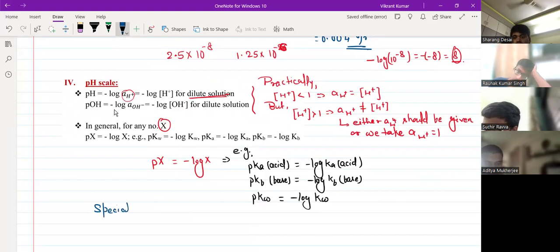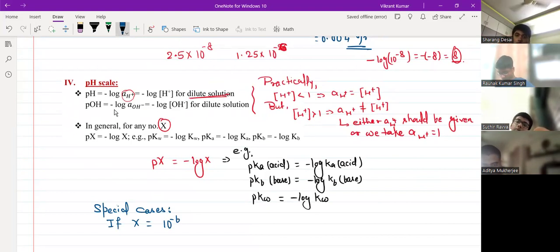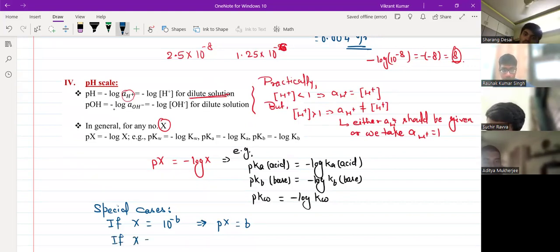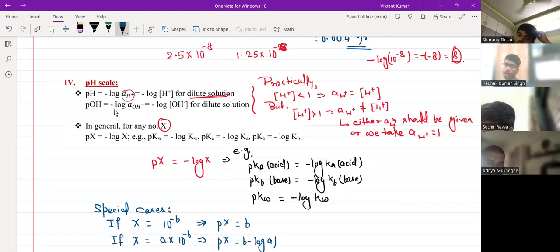Like I told you, normally you'll get numbers in the form of 10 raised to minus something, or a into 10 raised to minus something. So the special case is, if x is 10 raised to minus b, then minus log of that directly gives b. So if they say px, I directly write b. There is no need to do minus log of that much. Similarly, if x is a into 10 raised to minus b, then px will directly be b minus log a. No need to solve it again and again.